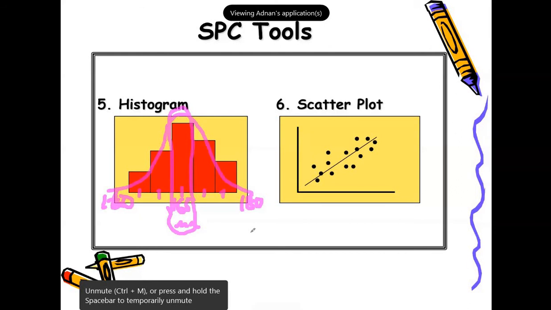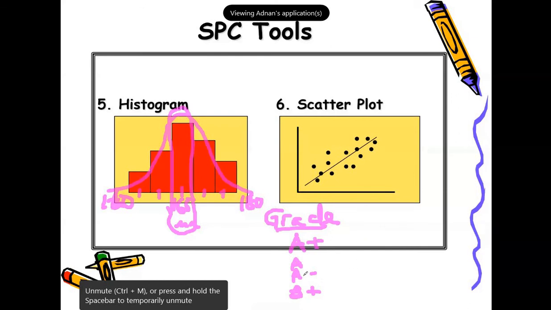Many phenomena in our life follow normal distribution. If you have grades, for example student grades for your course, you're going to have A plus, A, A minus, B plus, and so on. Those who got A plus are not so many.